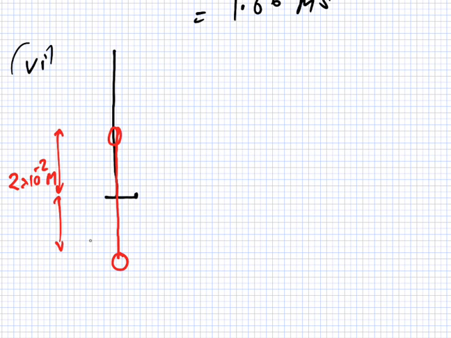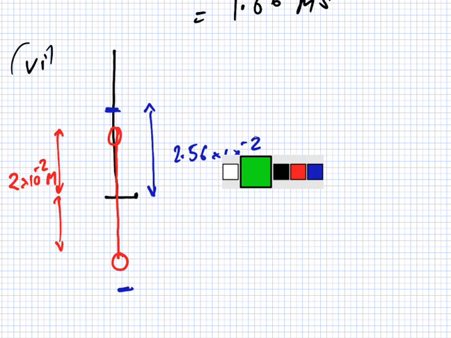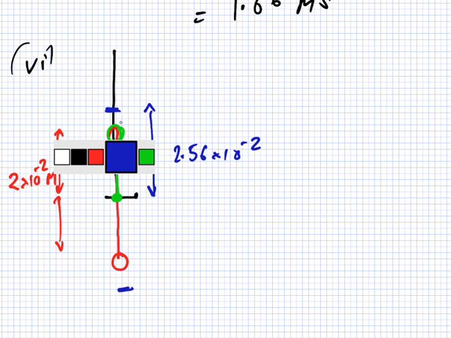What's the amplitude? The amplitude is a little bit bigger. It's 2.56. So really, what you could do is you could work out the time it takes to go from the equilibrium to this position, and then multiply the answer by 2, because it does it twice. So you need to use this formula, which I think is in the book.